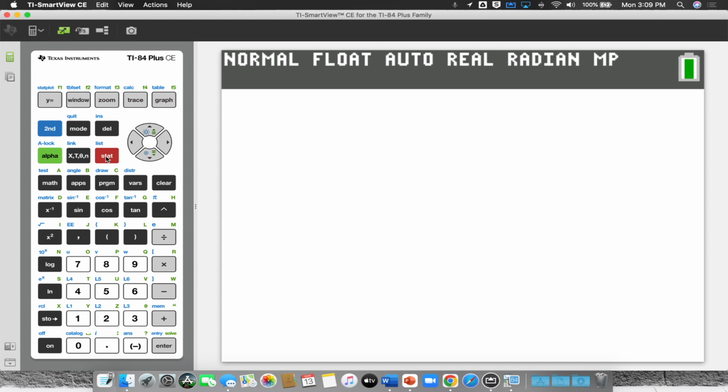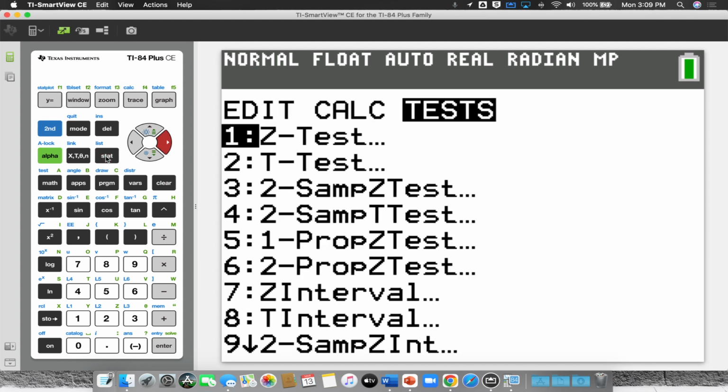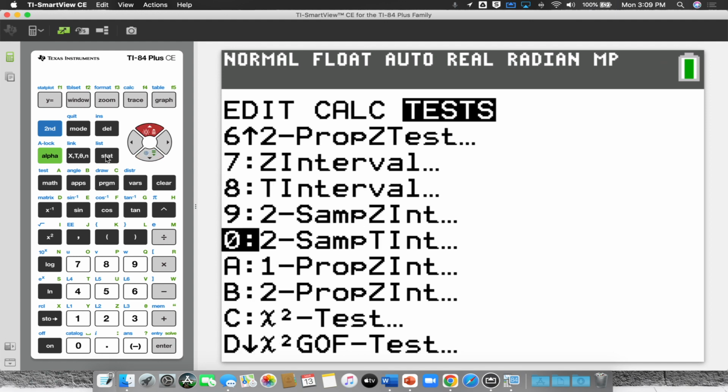Okay. So stat, you're going to go over to tests, and then we have our options. This is an interval, so we're looking for the ones that say interval. So we'll start with number 7. We want the ones that say 2.